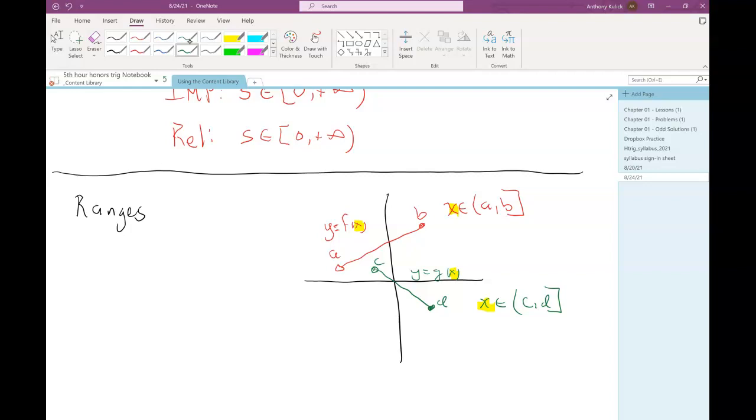Now, if I'm talking about the range for my f of x, the smallest y-coordinate is going to occur when x is equal to a, right? And the biggest y-coordinate is going to occur when x is equal to b.